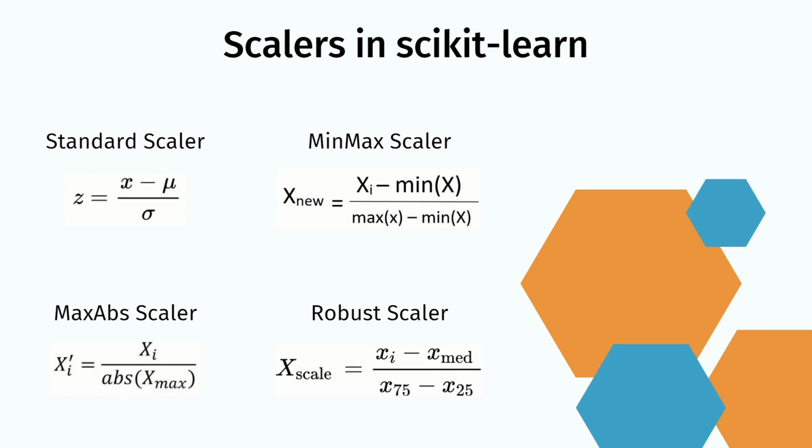And we have robust scaler. By default, it uses the third and the first quartile range. So x scaled equals xi minus x median divided by the third quartile minus first quartile. Now, this uses the interquartile range, and to know what a quartile is, you need to have certain knowledge of statistics.